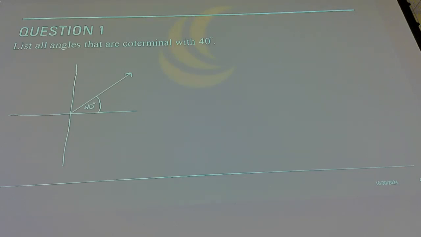So remember, coterminal, the angle has the same terminal side.